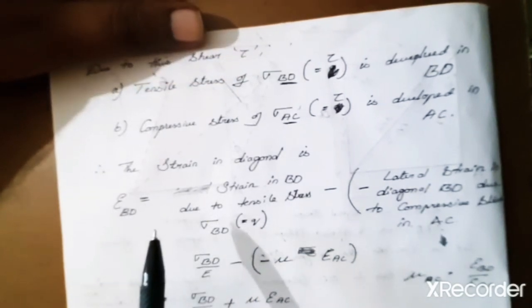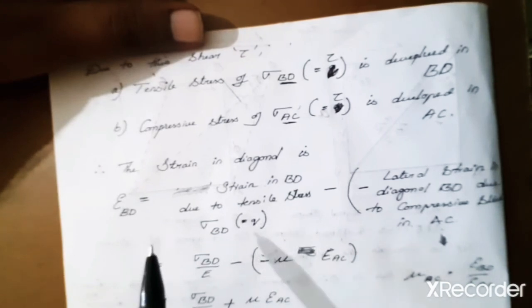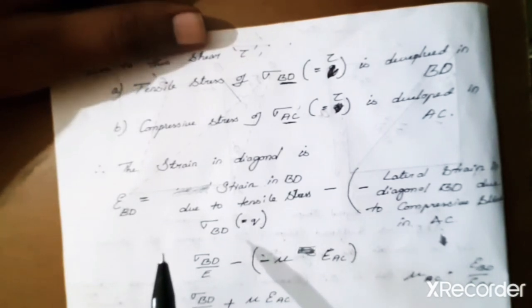As we saw earlier, in the case of volumetric strain, we took a solid three-dimensional body and derived the expression for net strain in the x, y, z directions, isn't it? So let us do the same thing.